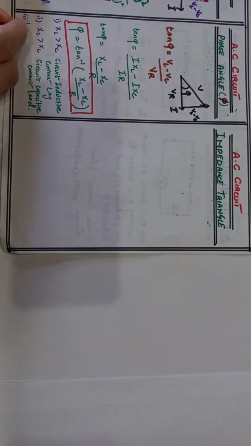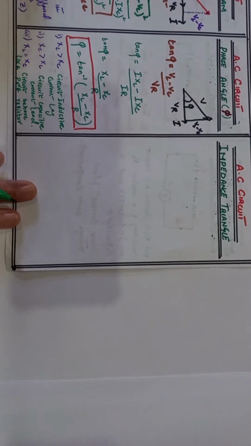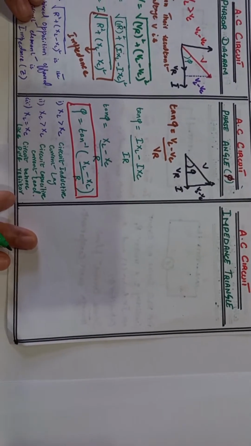And third case, when XL is equal to XC, the phase angle is 0 because they cancel the effect of each other. So the circuit behaves like a pure resistor. It consists of only a resistor when the inductive reactance is equal to the capacitive reactance.